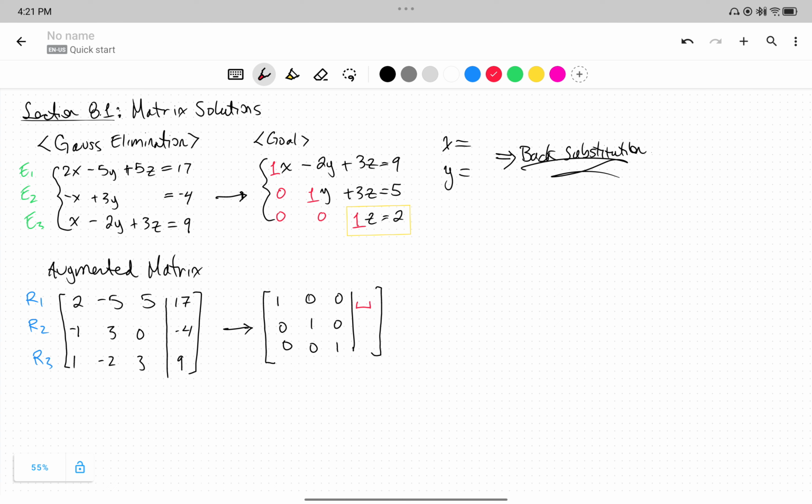This blank is the answer for x, that blank the answer for y, and that blank the answer for z. So you don't have to come back and do back substitution. No need for back substitution. You would be done in this case.